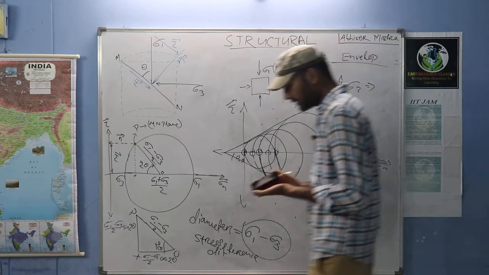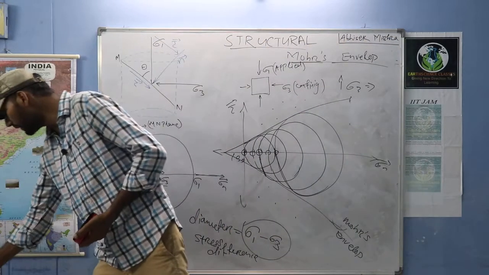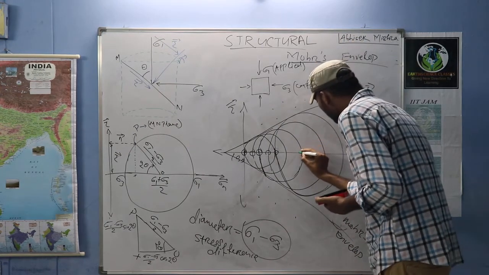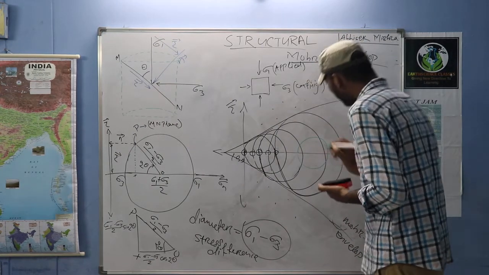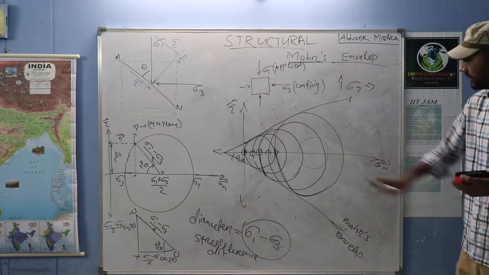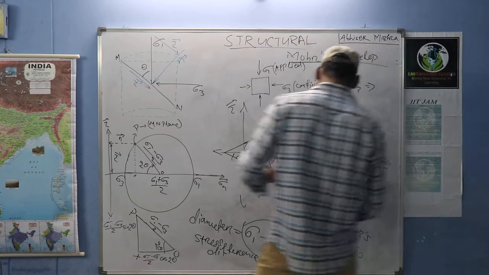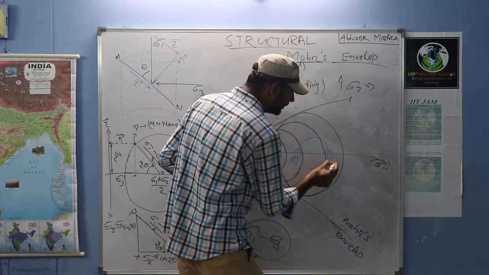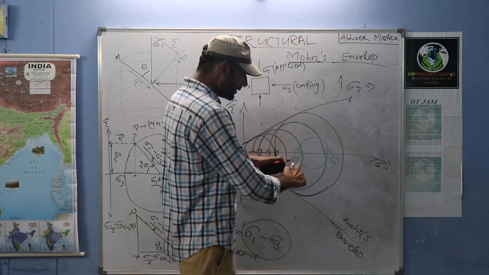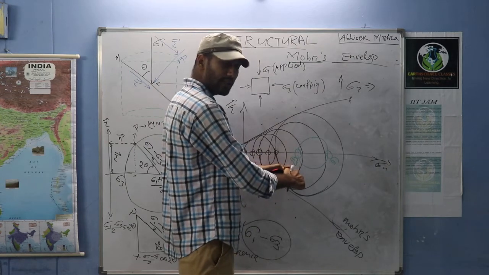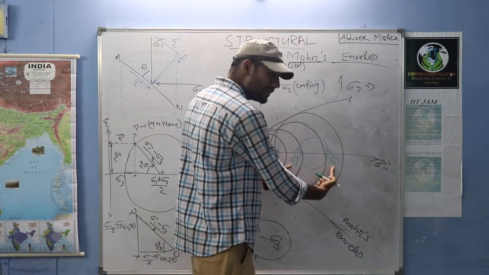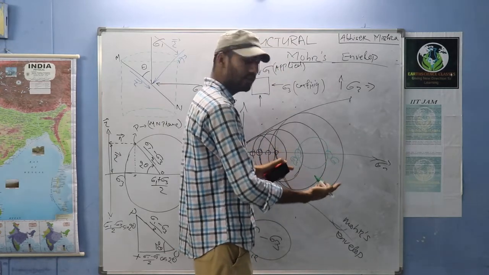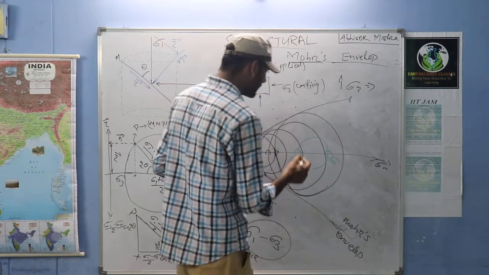If I take any circle within this envelope, let's say I take a circle here, this circle suggests that sigma 3 has this value, sigma 1 has this value. That means at this confining stress, in this applied stress, the material is stable, it will not rupture.